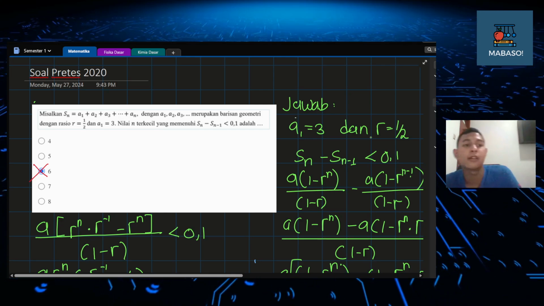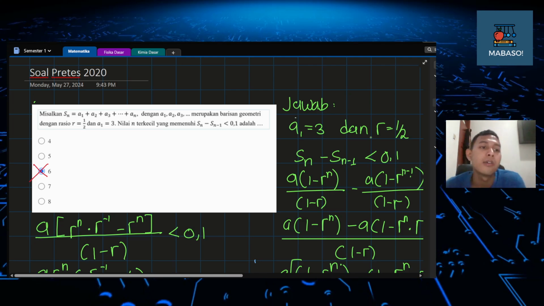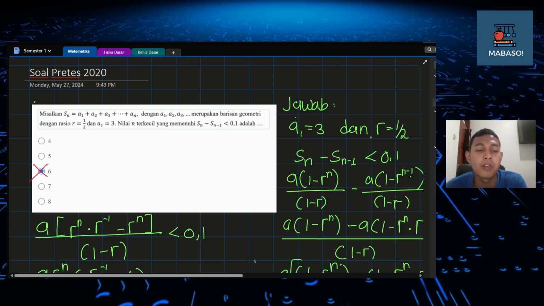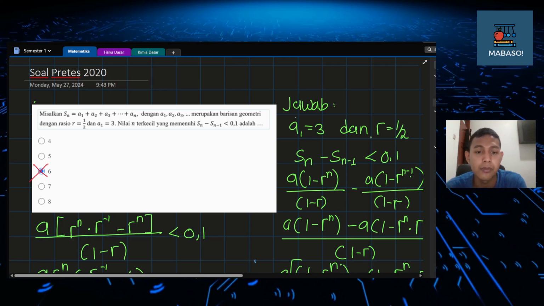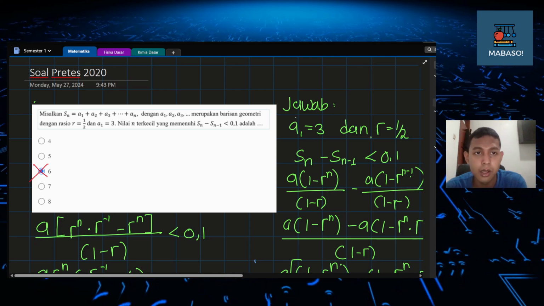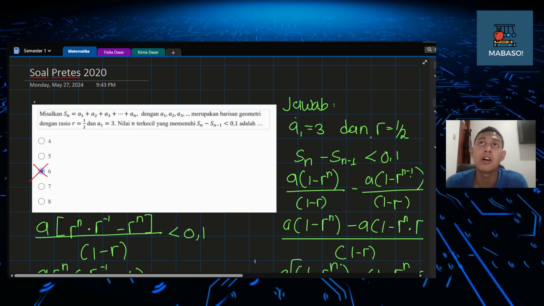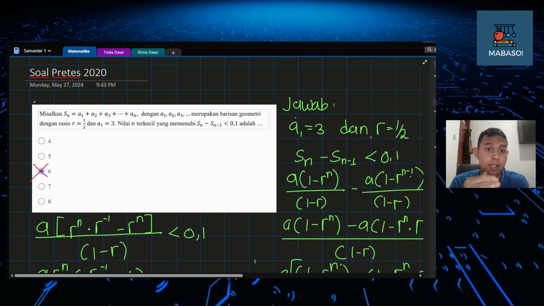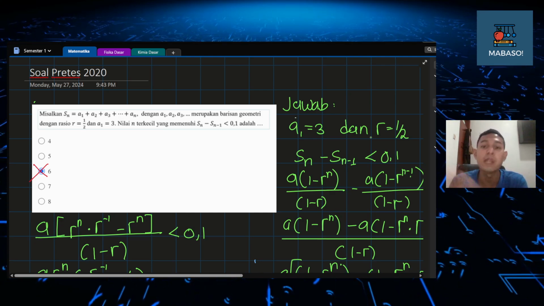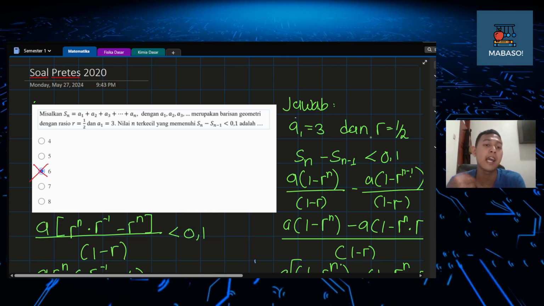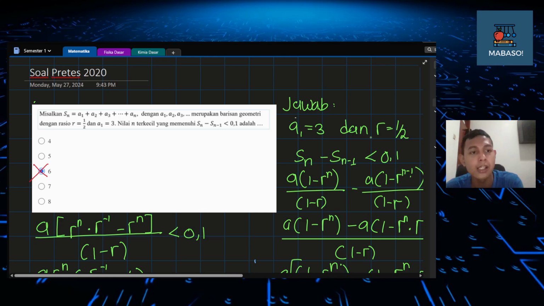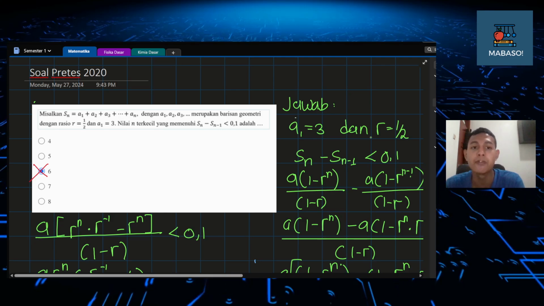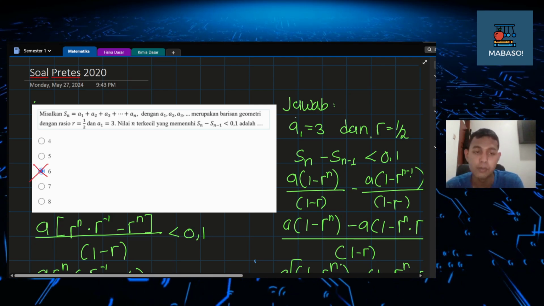The question states as follows. For example, we have S of n. S of n represents the summation of the terms in a geometric progression. So a1, a2, a3 is a geometric progression, and S_n denotes the summation of those geometric terms.